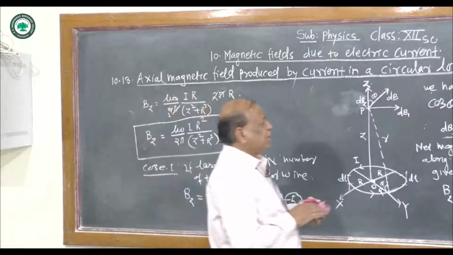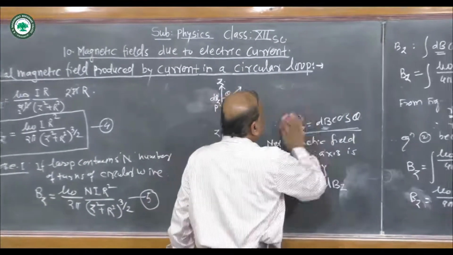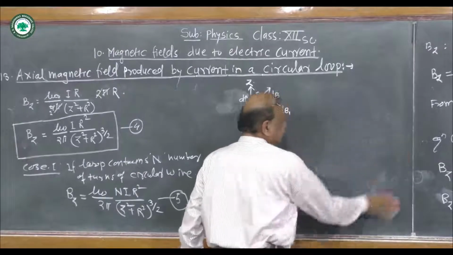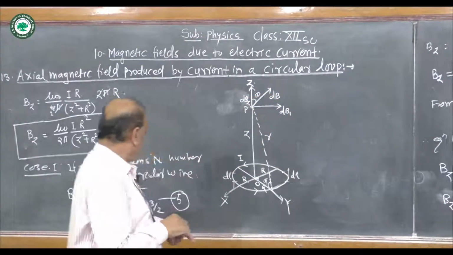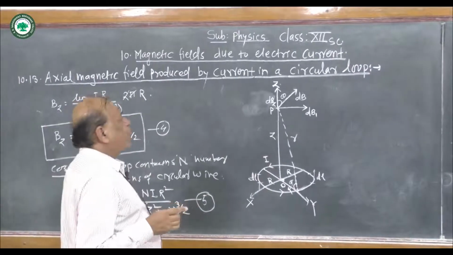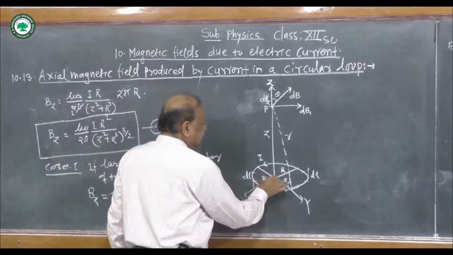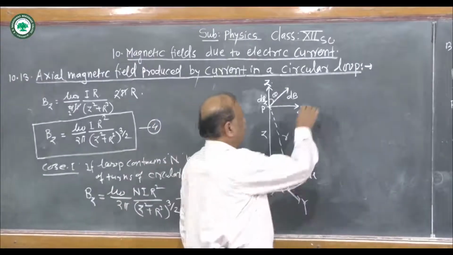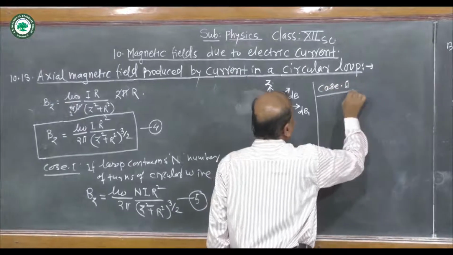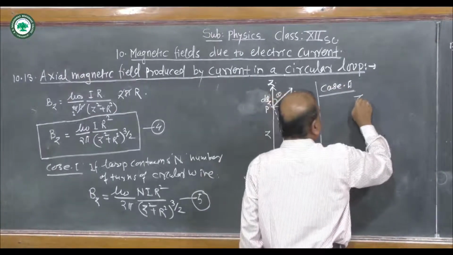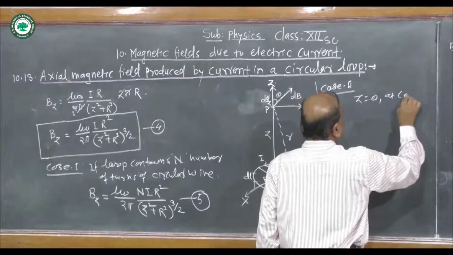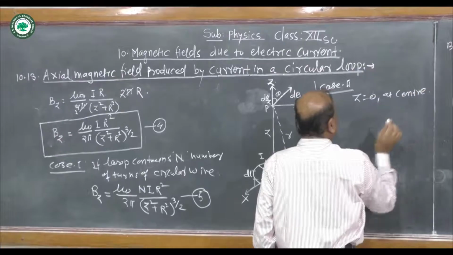Now again we explain one more case here, that from this equation 4 we can find the magnetic field at the center of that current loop. Means case second, z is equal to 0, that is at the center.